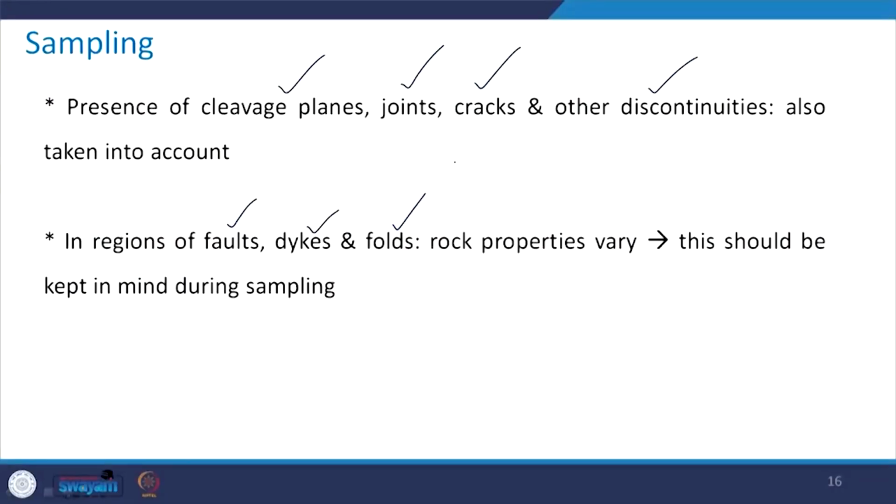All these terms we have already discussed. With the help of various pictures, I tried to explain various elements of these geological structures to you, and you have seen how the geological deposition of the material creates such types of geological structures, and the rock properties can vary like anything. One should keep all these things in mind during sampling.